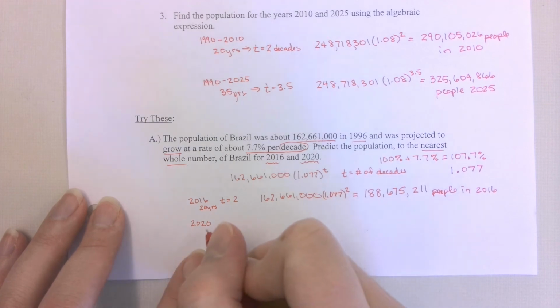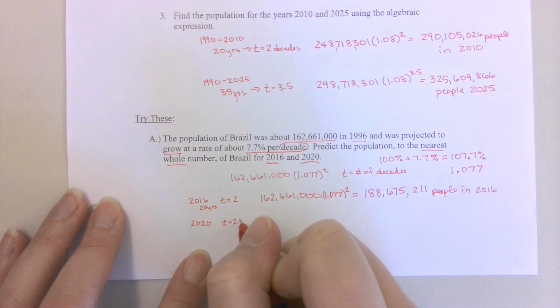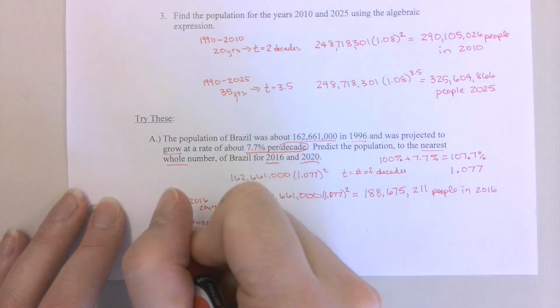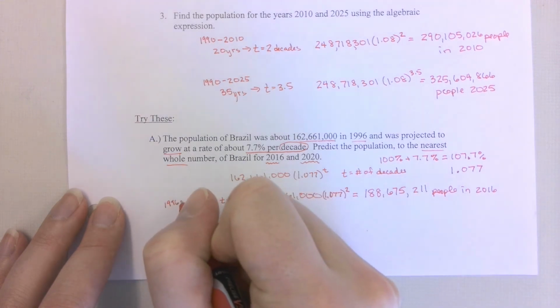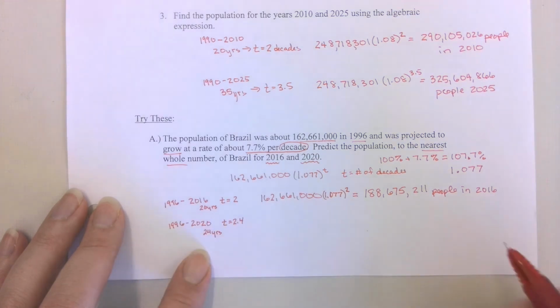All right, in the year 2020, it is going to be 2.4 decades. The year 2020 is 24 years from 1996. So both of these are from 1996 to 2016 and 1996 to 2020.